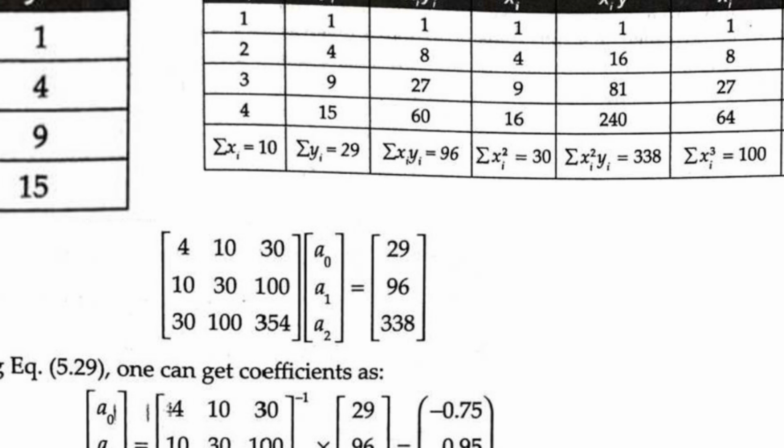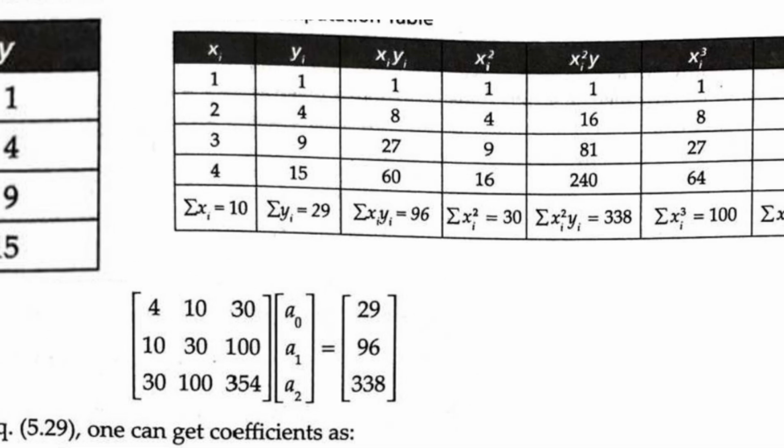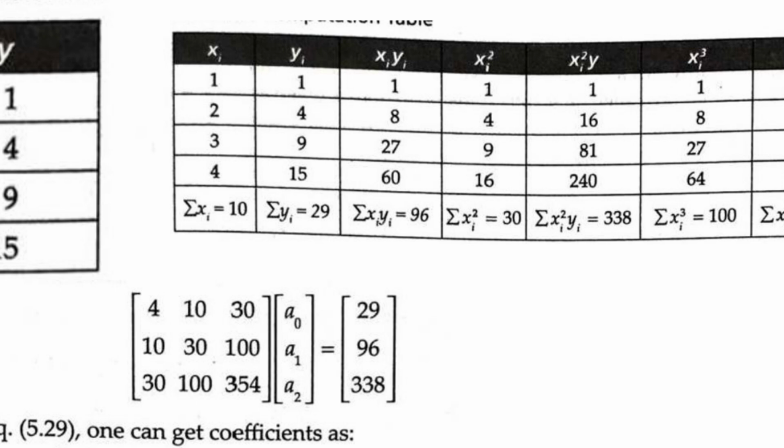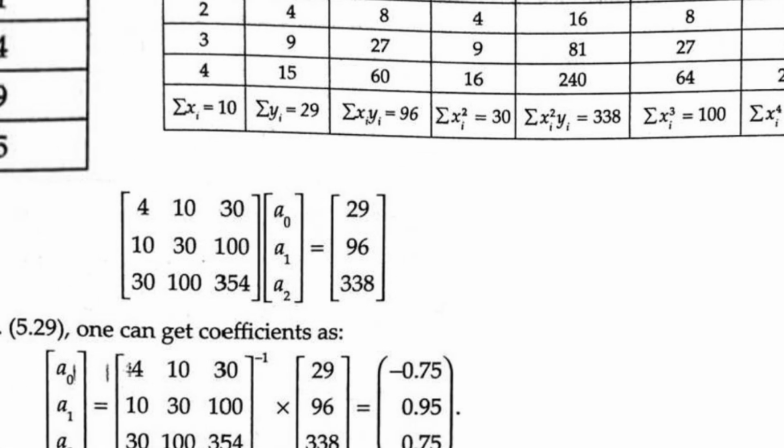Here n is 4. Then sigma x is 10, sigma x² is 30, sigma x³ is 100, sigma x⁴ is 354.